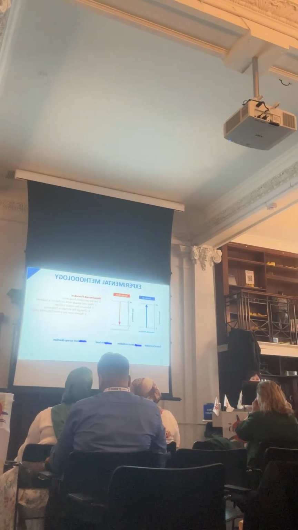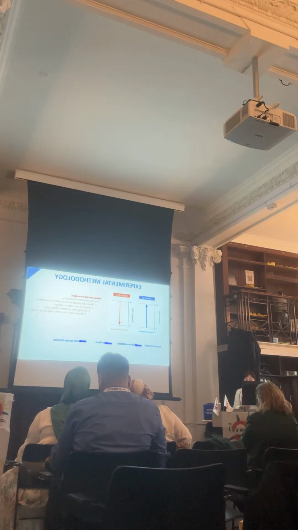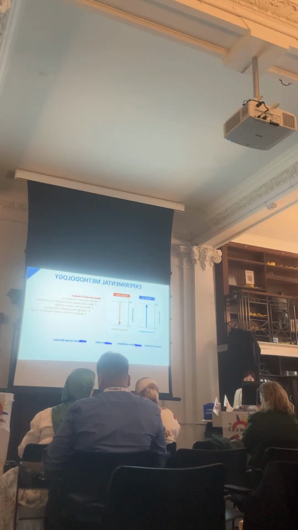In this experimental methodology, the experiments consisted of two measurement series. In the first series, the excitation frequency was gradually increased from 2 to 48 Hz. In the second series, the frequency was gradually decreased over the same range.